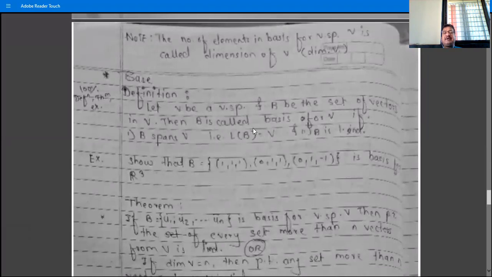So the basis topic is a combination of the previous two topics, spanning and linear dependence and independence. So we'll see the next topic, basis and dimension of a vector space, in the next lecture.